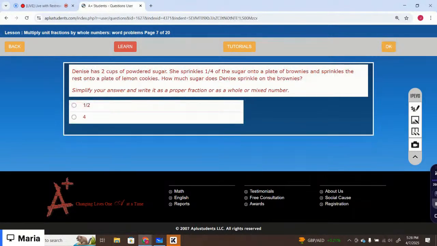Dennis has 2 cups of powdered sugar. She sprinkles 1/4 of a cup onto a plate of brownies and sprinkles the rest onto a plate of doughnuts. How much sugar does she sprinkle on the doughnuts?